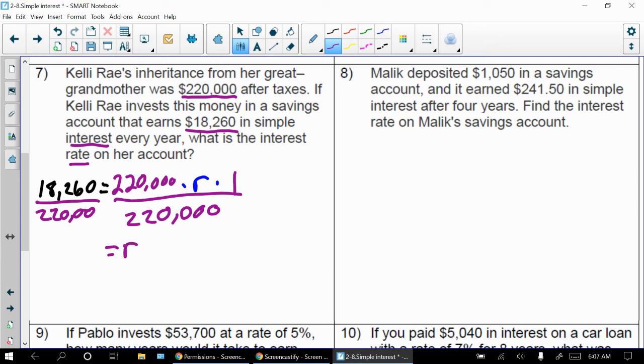I didn't need the decimal. All right, 0.083. Now, is that a percent? Nope. Multiply it by 100 to move that decimal over twice, and we get 8 3/10% is our rate. That's your answer.